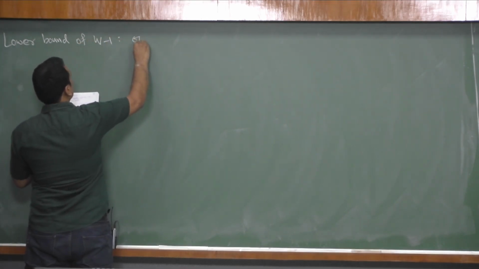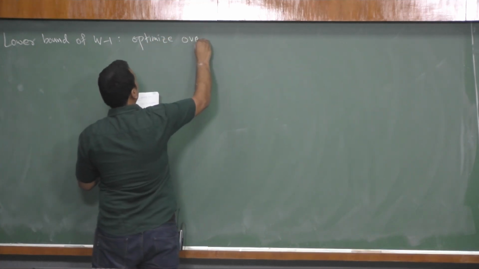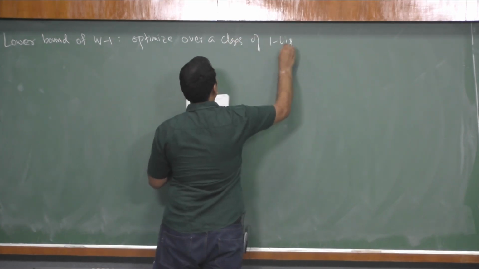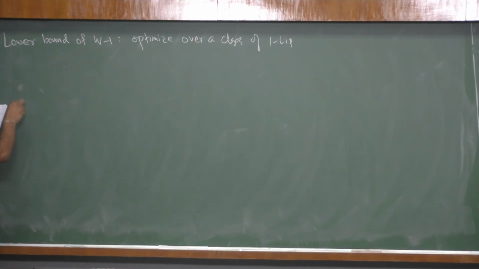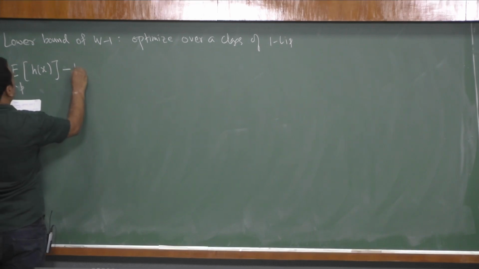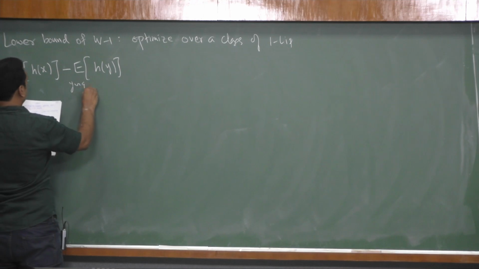This means optimizing, converting this to optimize over a class of one Lipschitz functions. So let us start with the expression, and we will say that this expression acts as a lower bound of W(P, Q). So the expectation of h(x), x follows p, minus the expectation of h(y), y follows q.